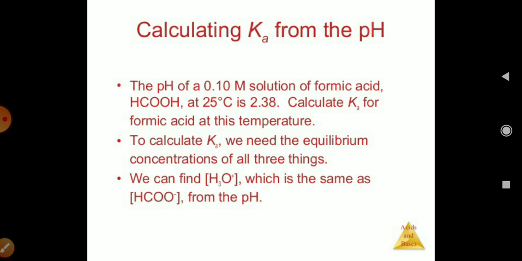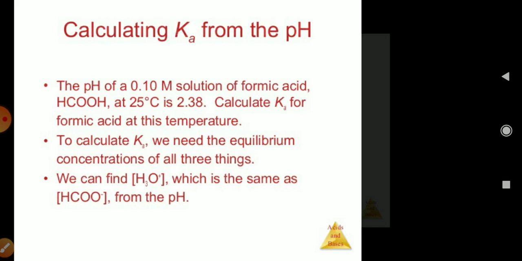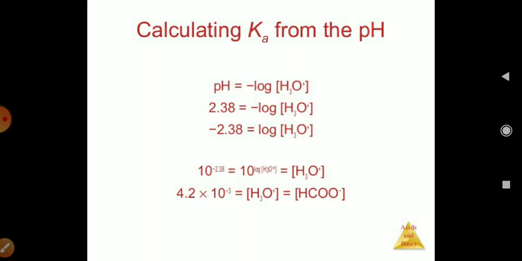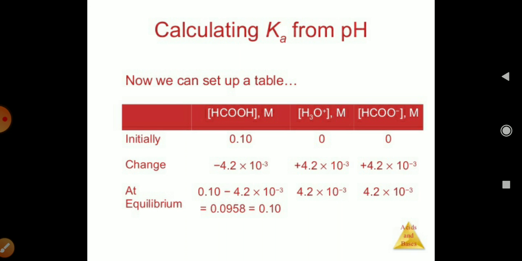We need the equilibrium concentrations of all these three species, and we can find the H3O plus, which is the same as the HCOO negative, from the pH. By putting in the values, we will find the value of Ka. In this table you will find that initially the concentration of HCOOH is 0.10 and the initial concentrations of products are 0.